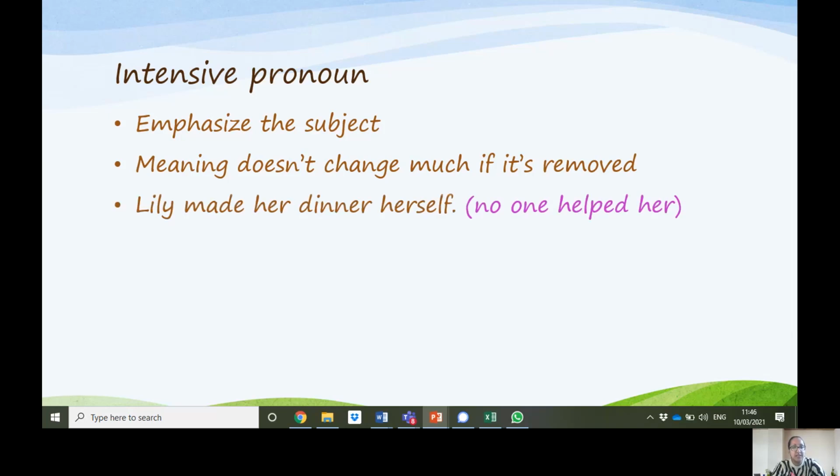Let's look at an example. Lily made her dinner herself. So herself shows us that nobody helped her. We can say Lily made her dinner, and the meaning is pretty much the same. By adding herself, it just stresses that nobody helped her.